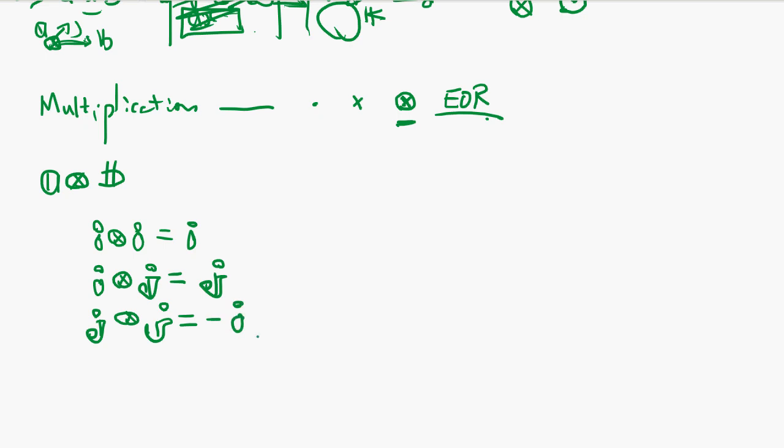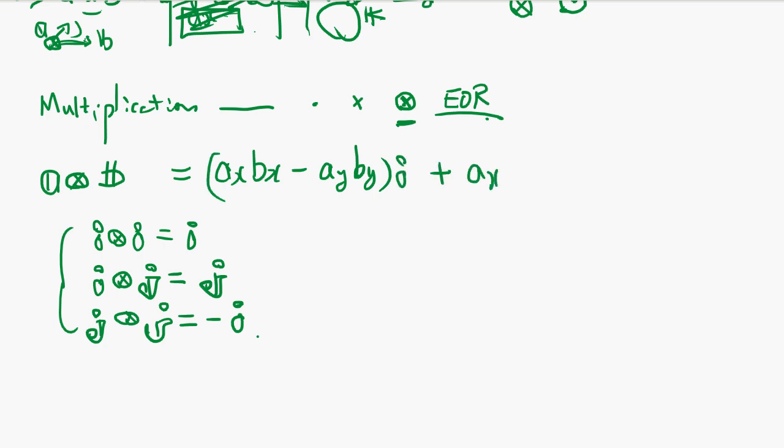If you do that, then this is going to be ax bx minus ay by, that's i, plus ax by plus ay bx, j.